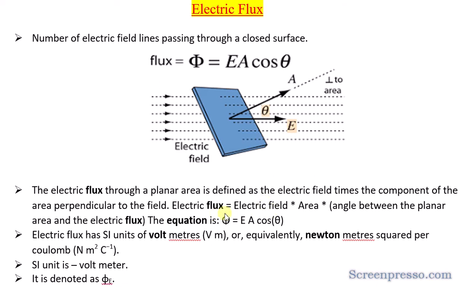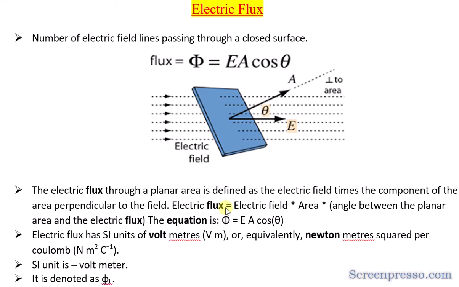Electric flux is equal to electric field, this is the electric field, this is the area, which is perpendicular to the electric field, multiplied by the cosine of the angle between the planar area and the electric field, which is theta, the angle between A and E. I will repeat once again: electric flux is again represented by phi.